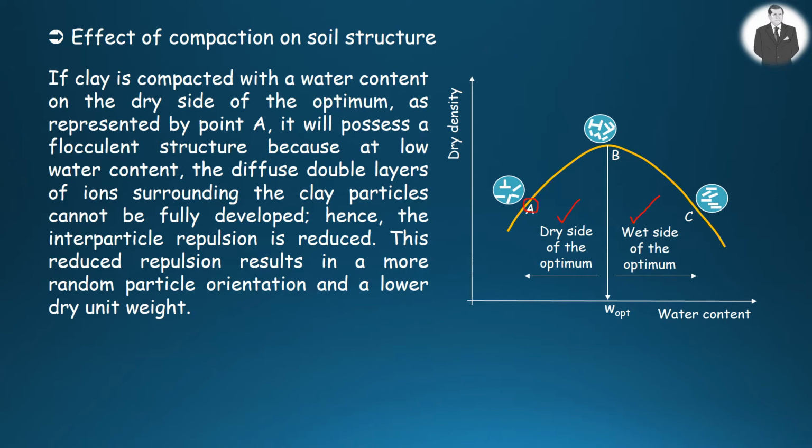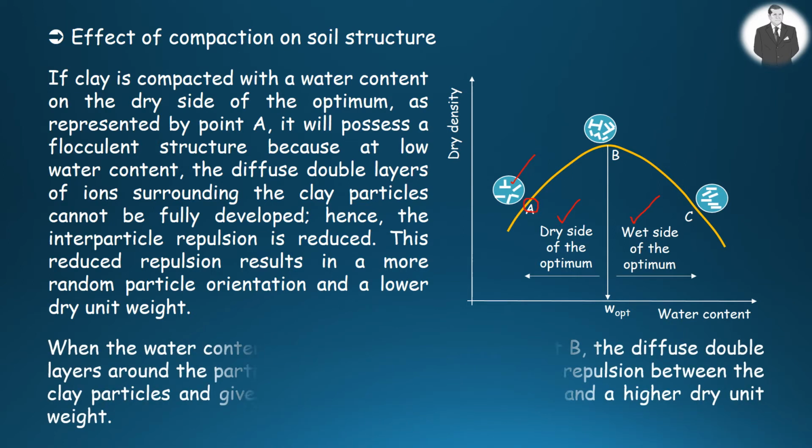At point A, soil will have a flocculent structure because at low water content, the diffuse double layers of ions encircling the clay particles cannot be fully developed. For that reason, the interparticle repulsion is lessened. This lessened repulsion brings about a more random particle orientation as shown at point A in the figure and a lower dry unit weight.